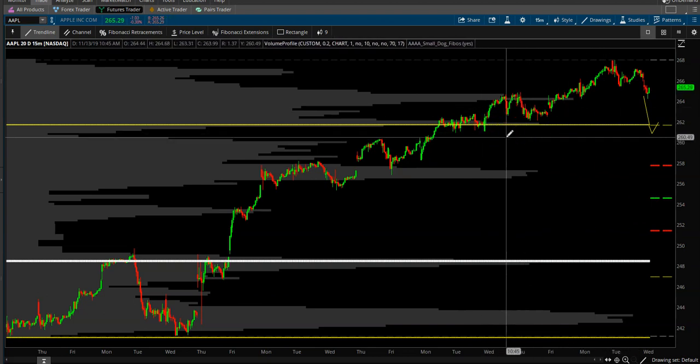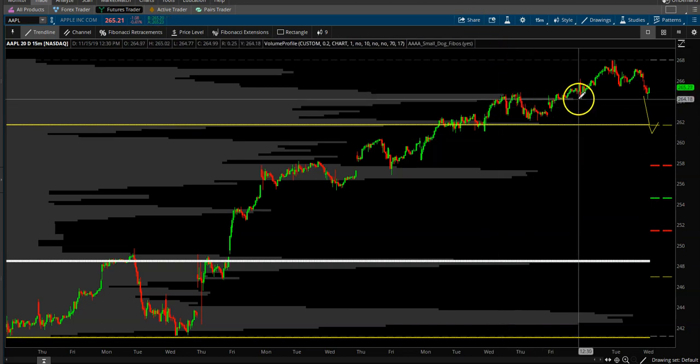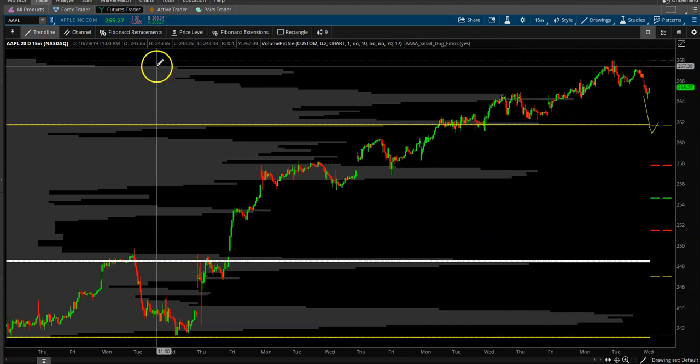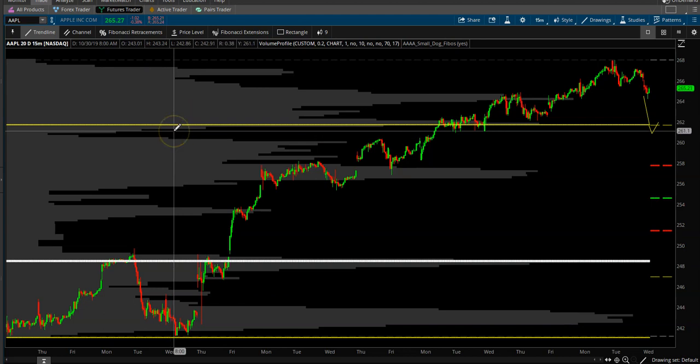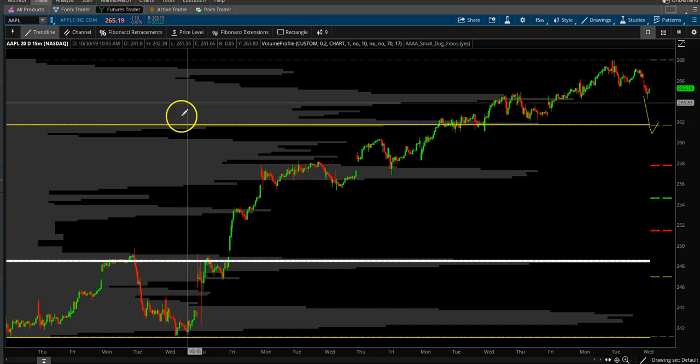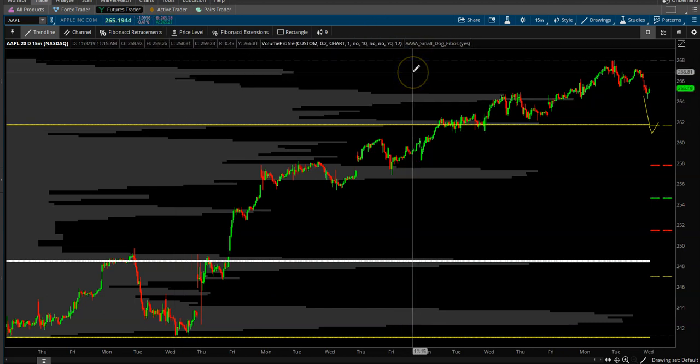Very subjective, but you also have to understand what the market's doing overall. Are we in a bullish day, a bearish day? Because if we're in a real bearish day, these levels might not work as well. And if we're in a bullish state, we might just blow through levels.